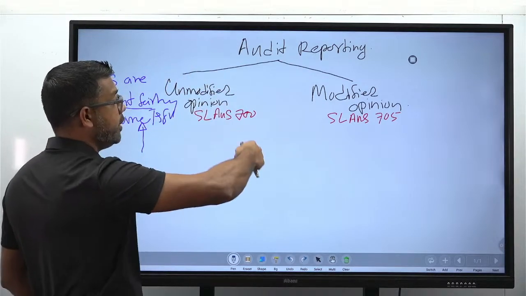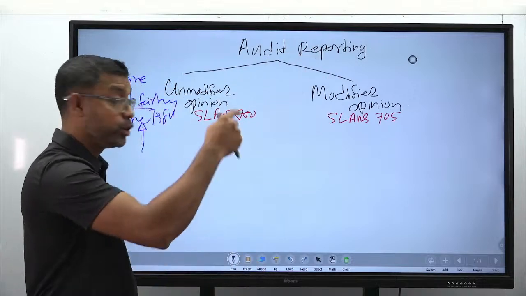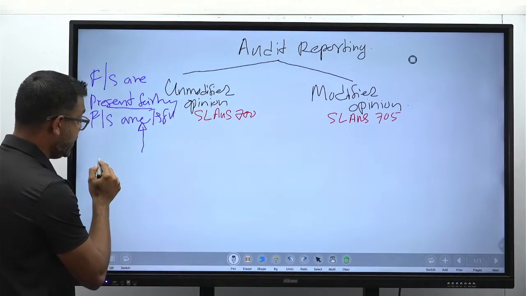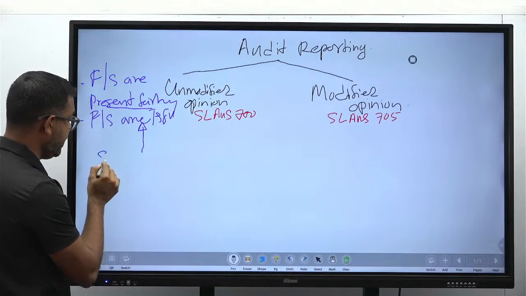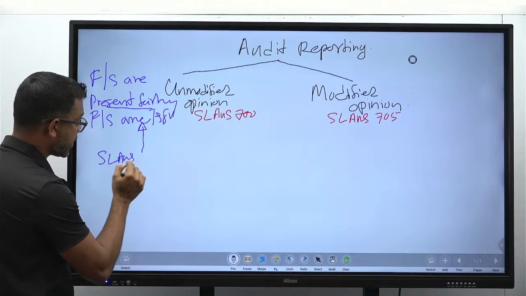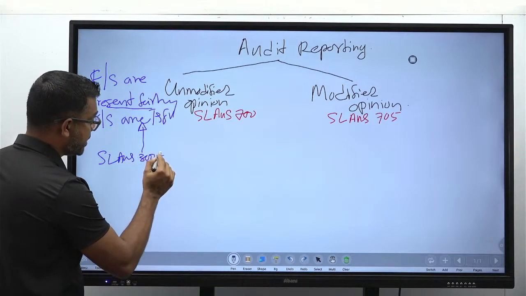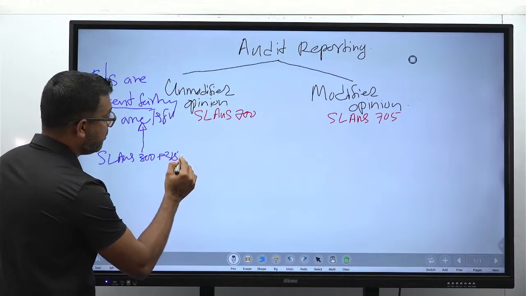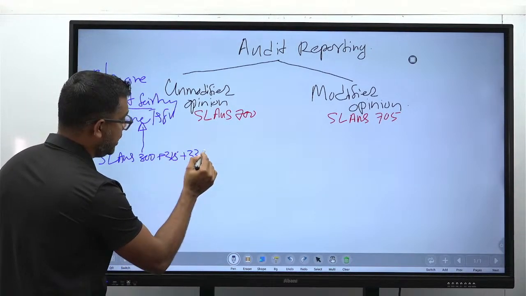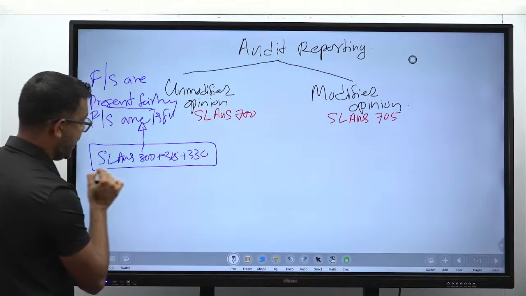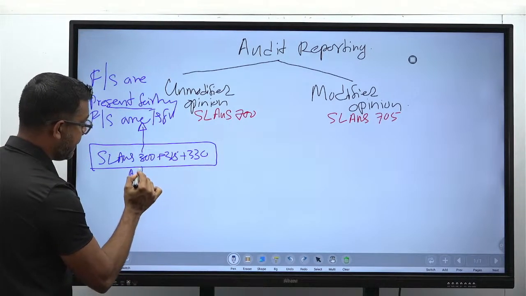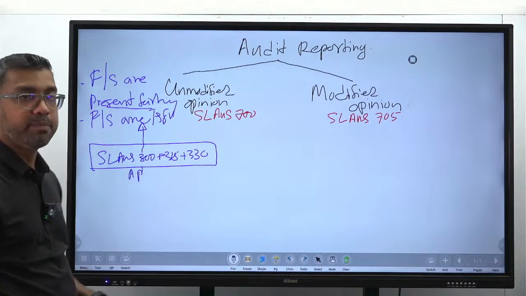To give an unmodified or modified opinion, whatever the opinion, you have to gather sufficient appropriate audit evidence through proper audit planning. Meaning, SLAUS 300 plus 315 plus 330. All these standards relate to audit planning.